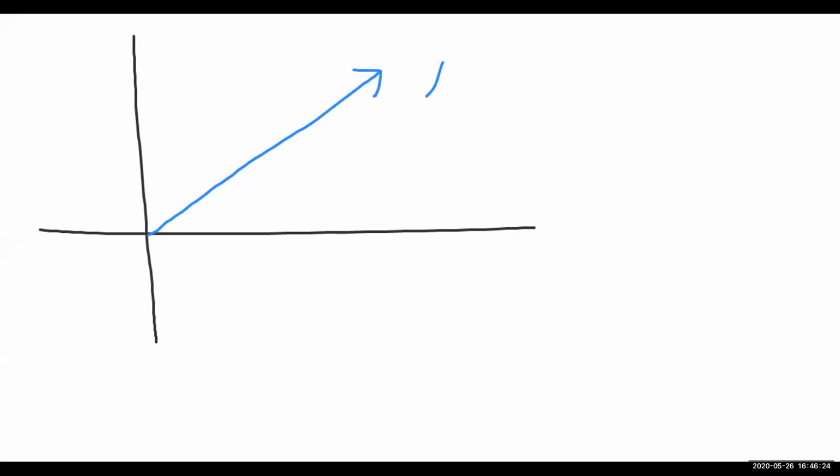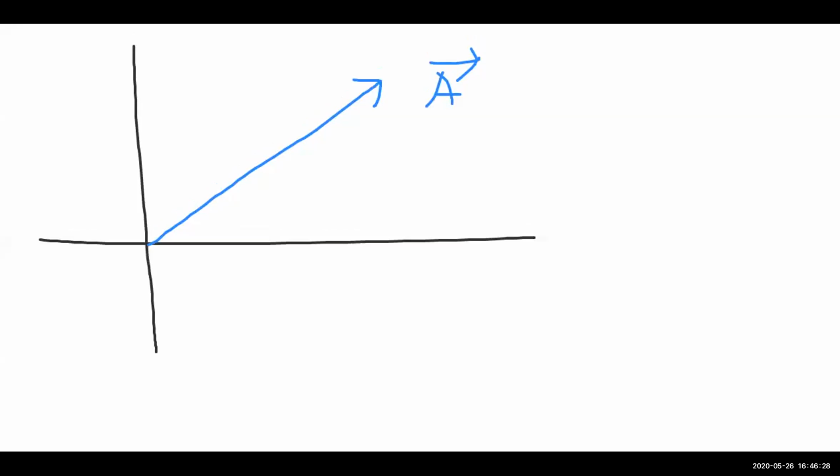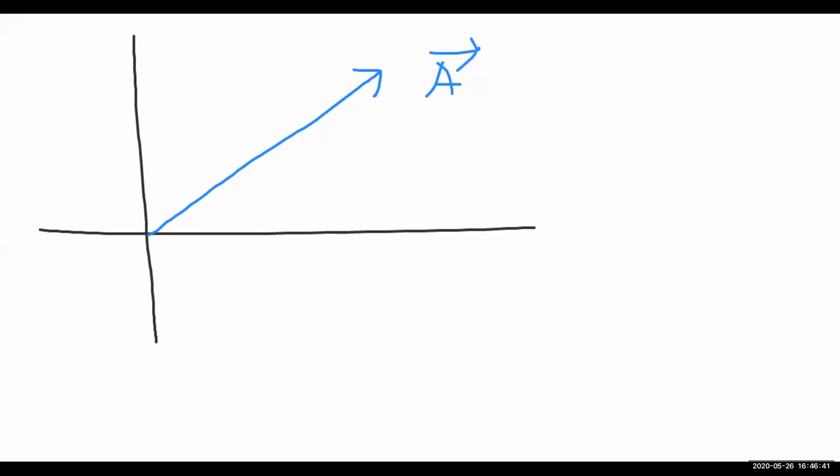We have the vector A, and this angle is 45 degrees.